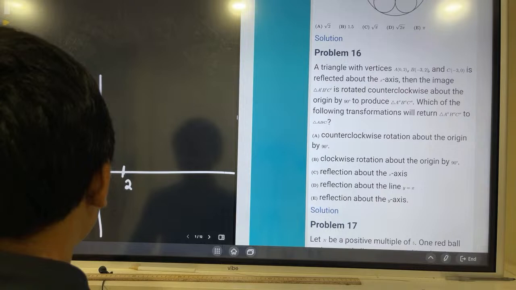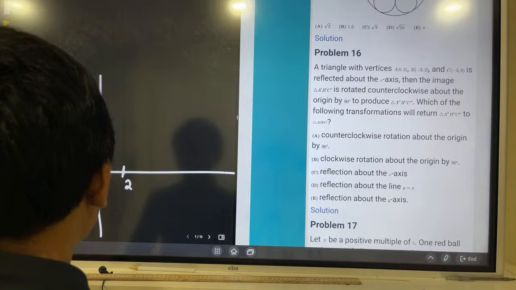Root 8, so 2, 2. Why do I have to do this?